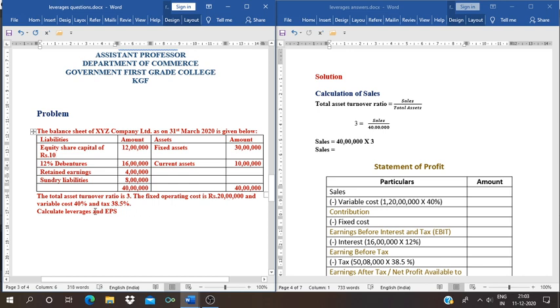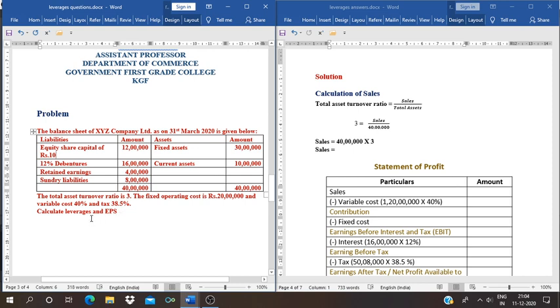And variable cost 40% is given. We have to assume that we have to calculate the variable cost on sales. And the tax rate is given, 38.5%. Calculate leverages and EPS.